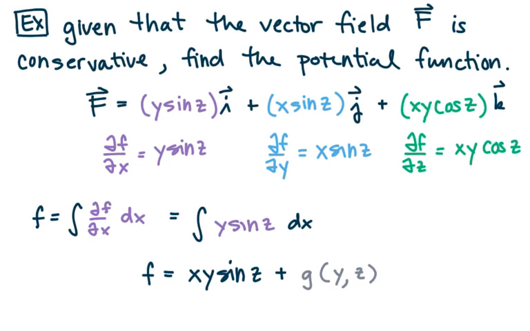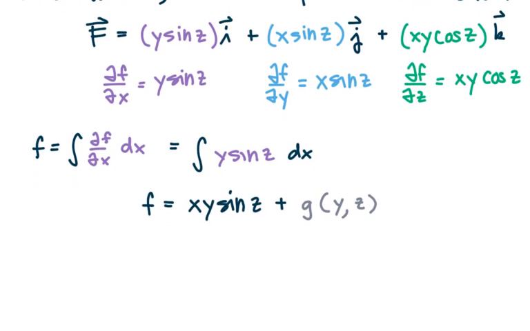We've only dealt with x, so we're left with y and z here. Next, we're going to find this partial with respect to y. So partial f with respect to y. Now differentiating with respect to y, x sine z was a coefficient. So I have x sine z, and then I have the derivative of g, which I'm going to write as partial g with respect to y.